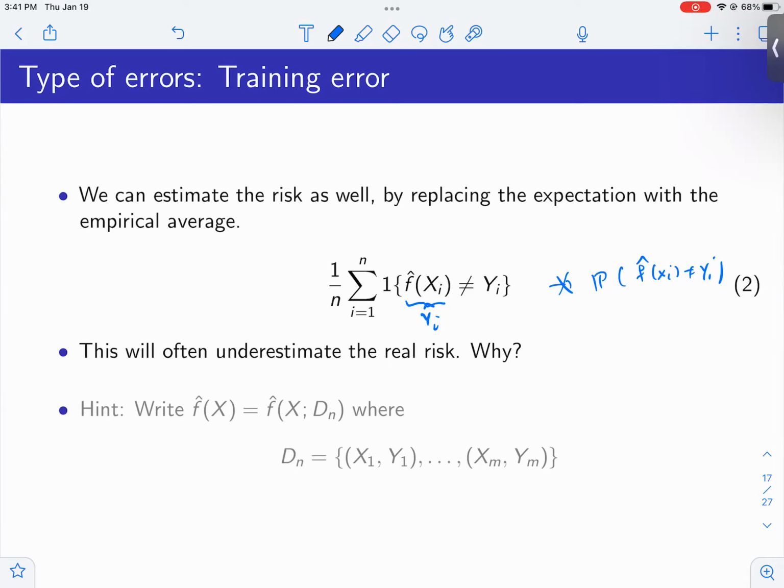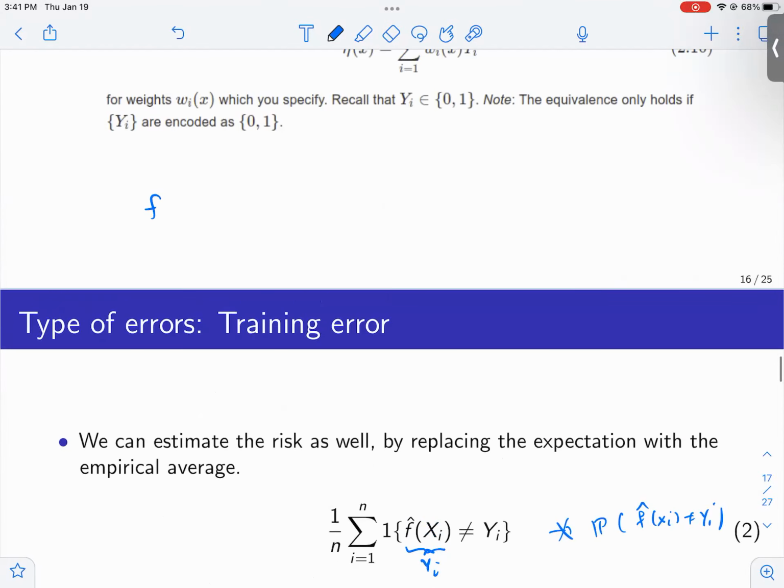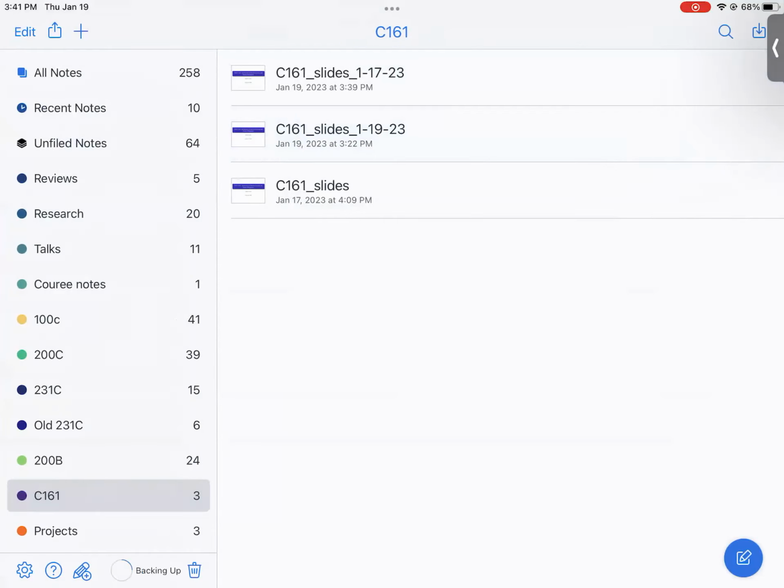So what was the training error? See if people remember. If I give you a classifier, let's say f hat, so for example, my classifier turned out to be something like that. Let me switch to the other set of slides.